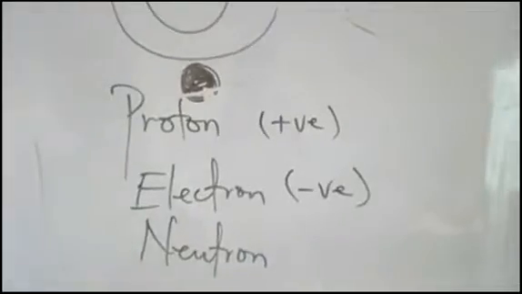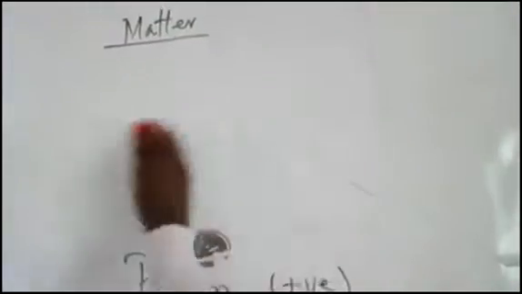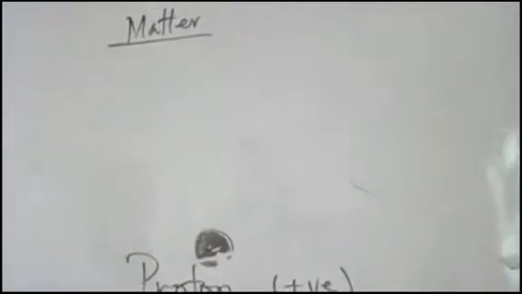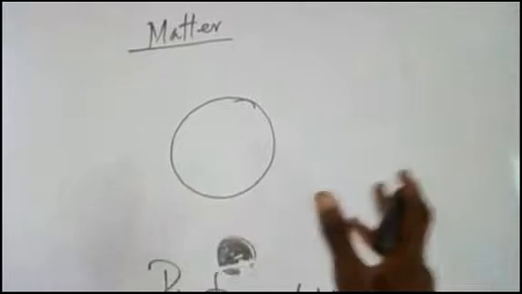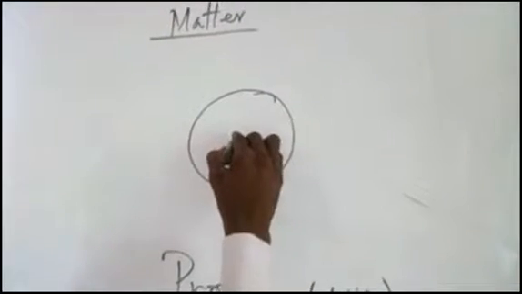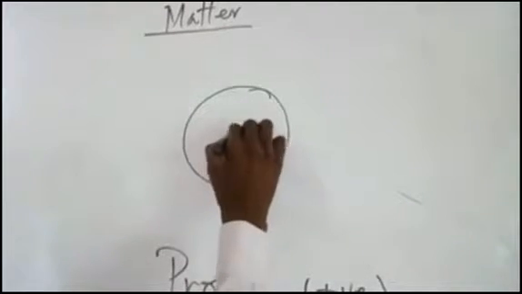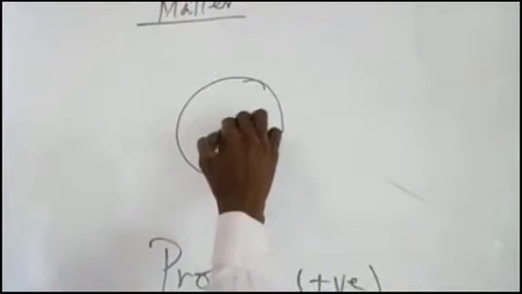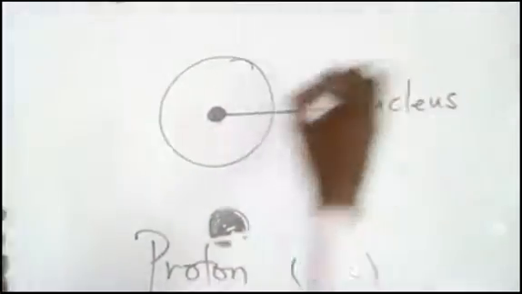Let me try to draw an atom for us, how an atom looks. Let's say this is an atom of anything, maybe sodium or potassium. In the middle is what we call the nucleus of the atom.